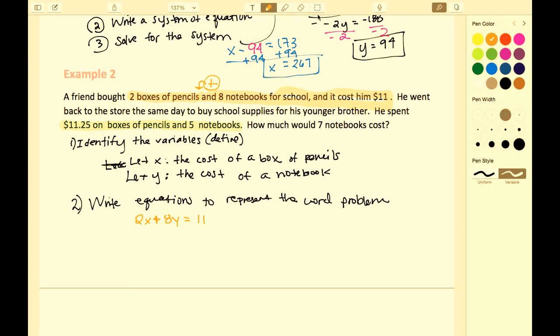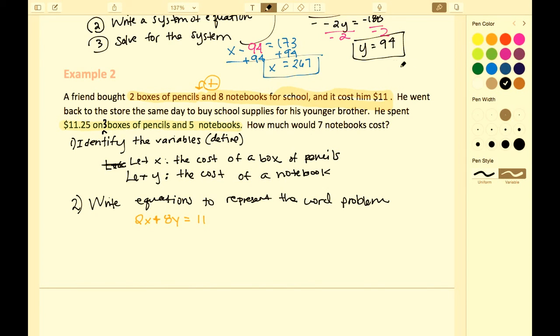Right here in this problem, it should say 3 boxes. It's okay. All right, so he spent $11.25 on 3 boxes of pencils and 5 notebooks.